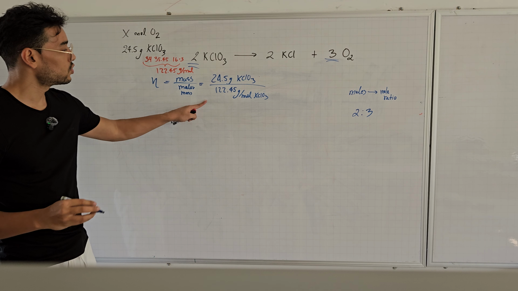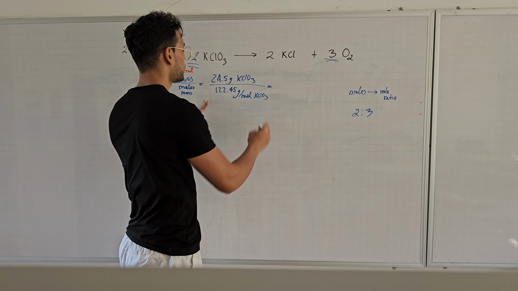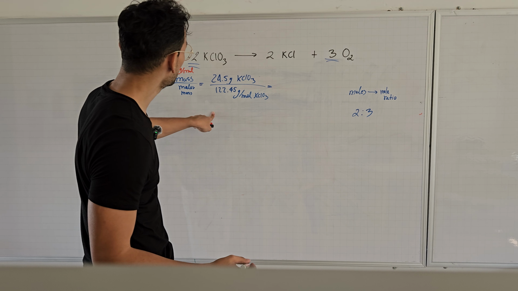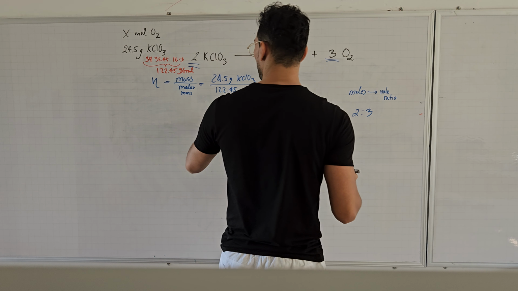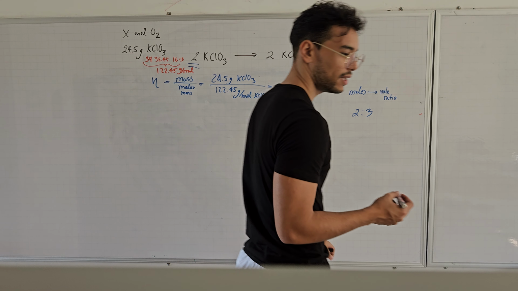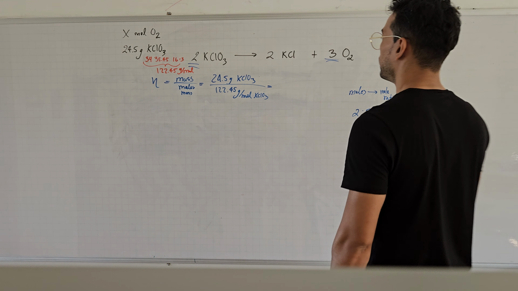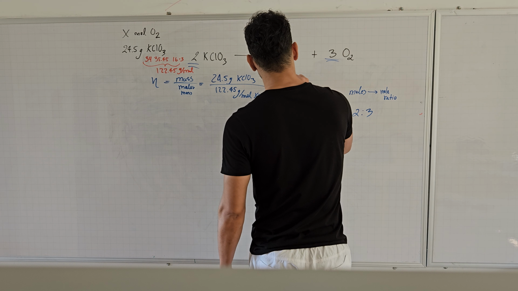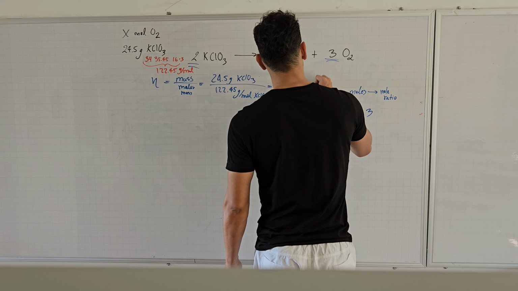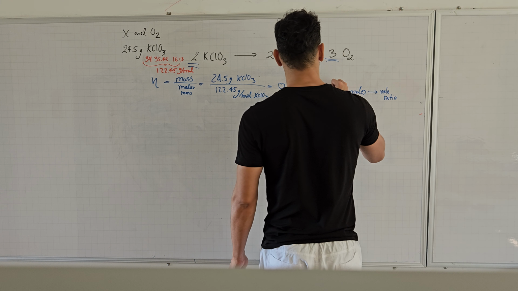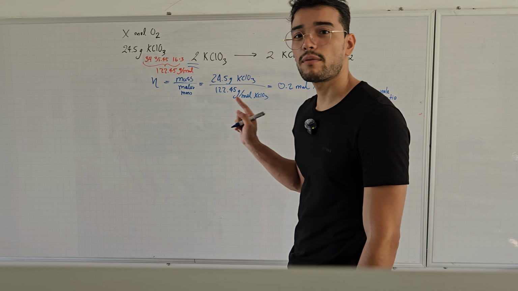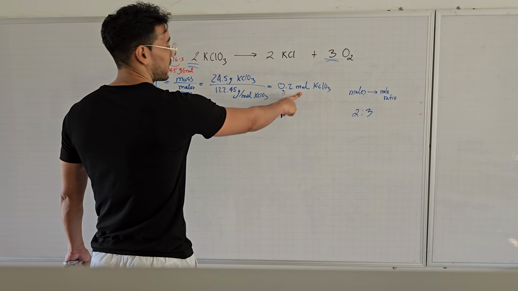Once we solve this, I believe that is 0.2, if I'm not wrong. 0.2 moles of potassium chloride. Okay, so I found the number of moles of potassium chloride.